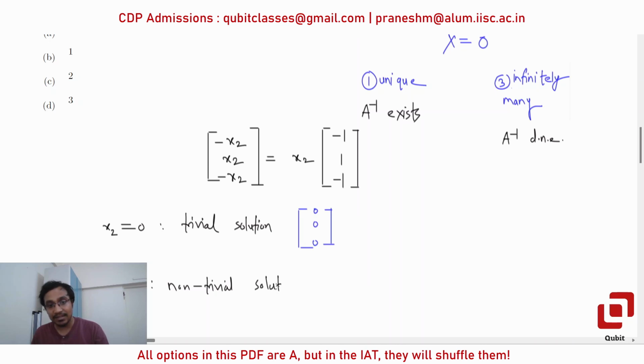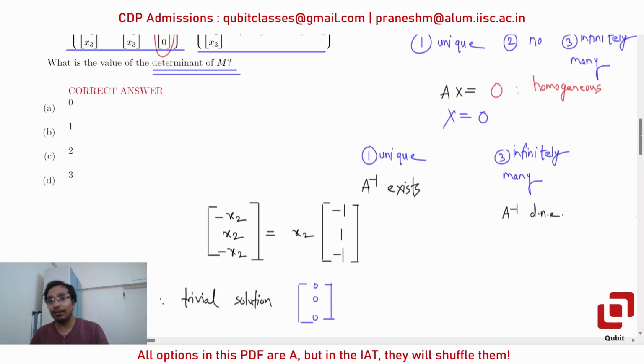Now solutions is important because by that we are saying take any x2, we will get one solution. So if I take x2 as 3, our solution will be negative 3, 3, negative 3. If I take x2 as negative 5, our solution would be 5, negative 5, 5.